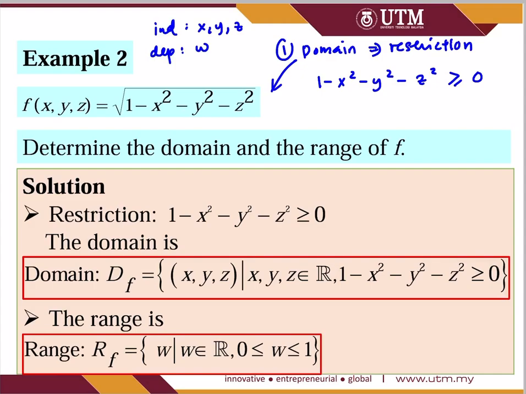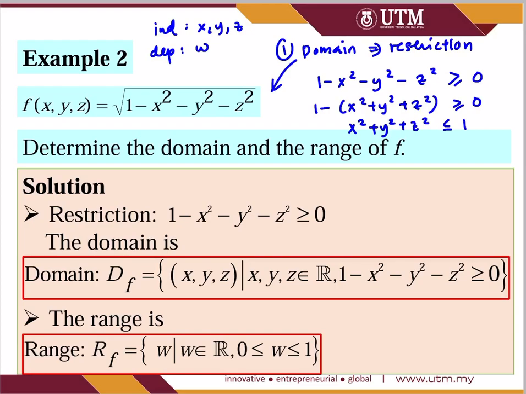Therefore, we know that it is basically x squared plus y squared plus z squared. We can rewrite it like that, and move the negative terms over, so it will be 1.